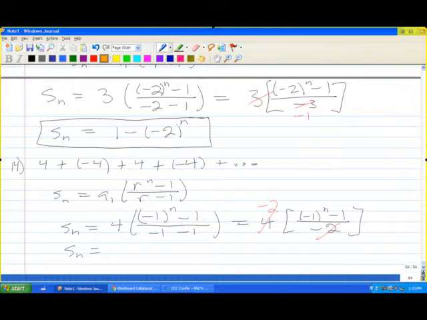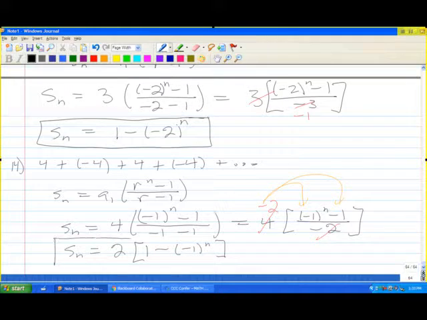So I'll only multiply this negative inside, and so this becomes 2. Then minus 1 becomes a plus 1.